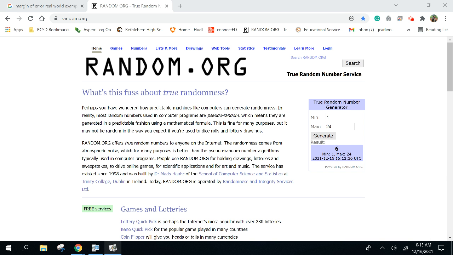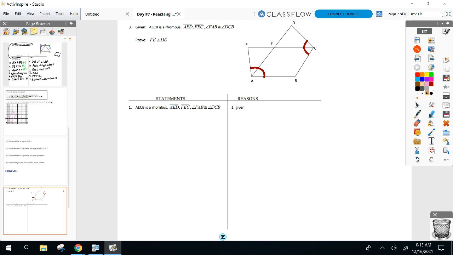What do we know is true here using a rhombus property? Okay, EC. You sure you want to say it's congruent to AB? That is true, but it's not in my triangle. AE. Everyone agree here, EC congruent to AE, both sides of the triangles I'm trying to prove congruent. So EA congruent to EC.